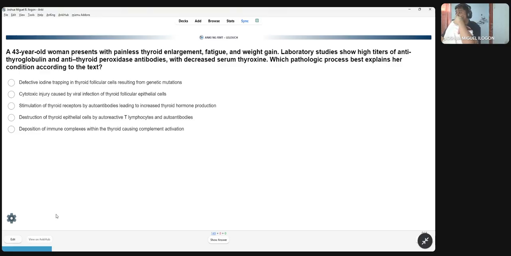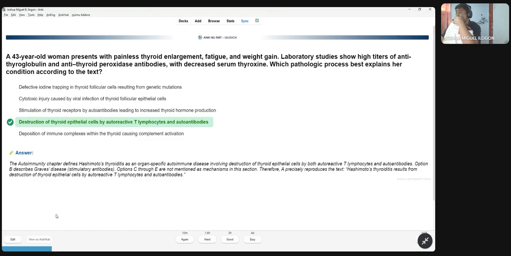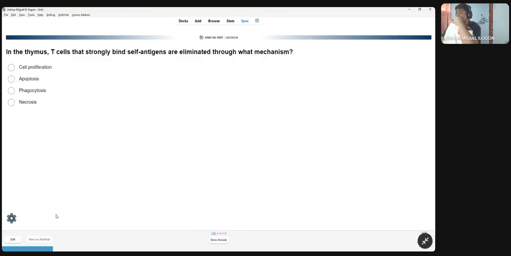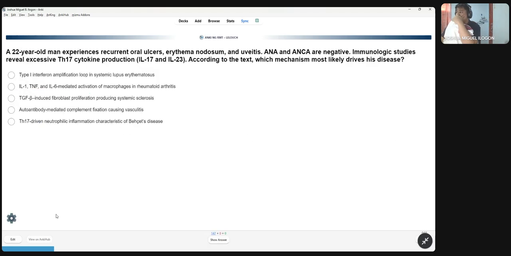Graves' disease. Binds apoptosis. Erythema nodosum, uveitis, and ANCA negative. 17 and 23. Behcet's disease.